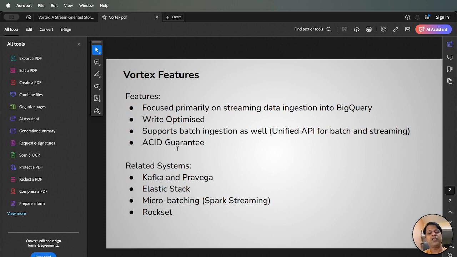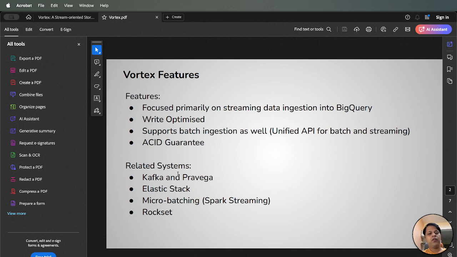As and when the data comes in, it has to be written and committed, so that when the user executes a query on the table, the newly streamed data shows up very quickly. Again, a unified API for batch and streaming, and ACID. When the streaming data comes in, it has to be compliant with transactions. Due to all these features, Vortex has created its own area in the whole architecture of BigQuery.